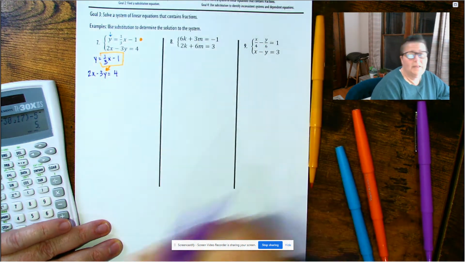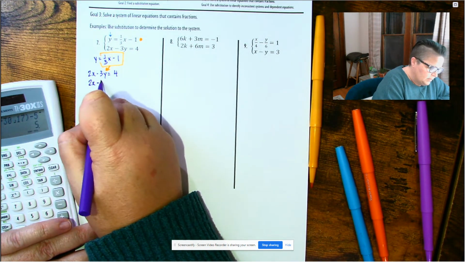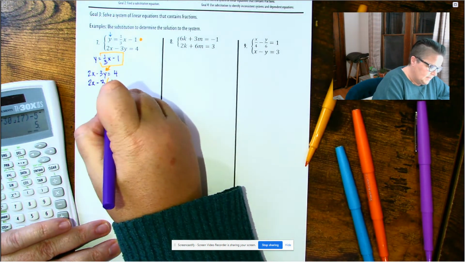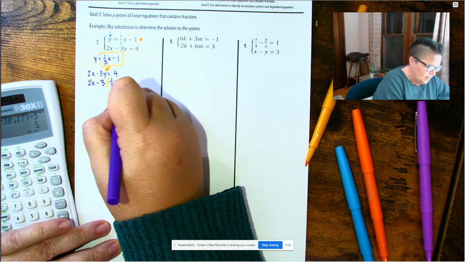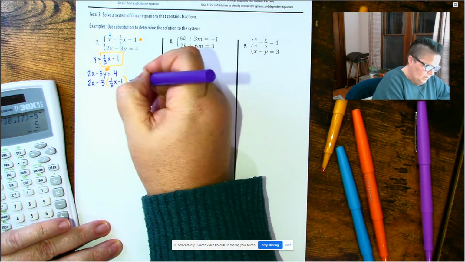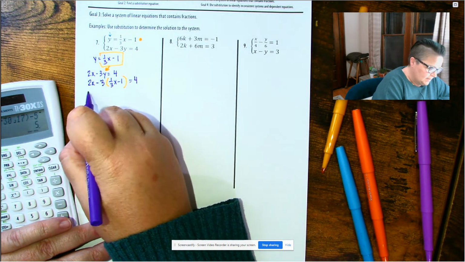Again, we're not replacing the 3. We are only replacing the y. So 2x minus 3, and then in parentheses, we have 1/3 x minus 1, equals 4.